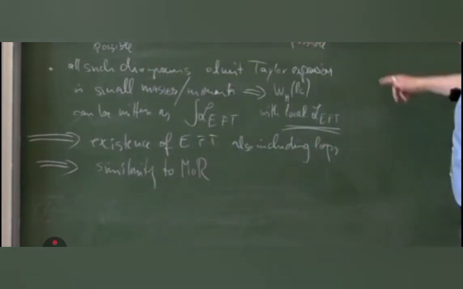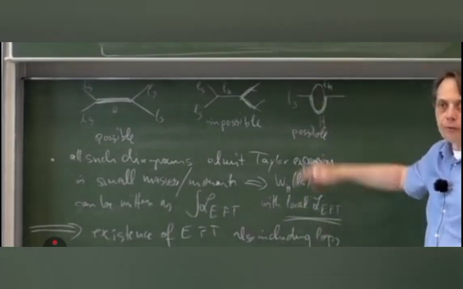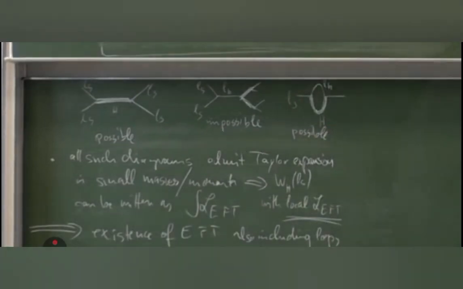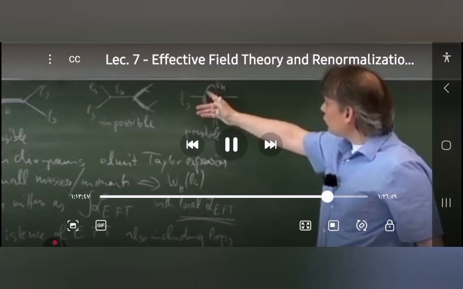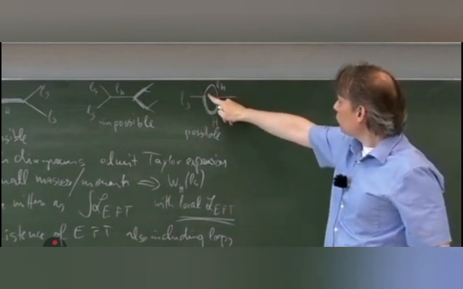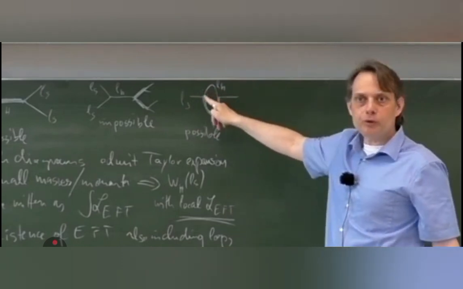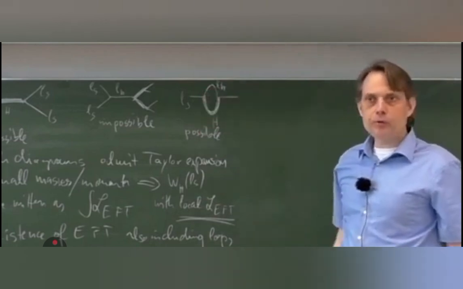Because we have split the light lines into soft light lines and heavy light lines, and in this way we obtain diagrams where the light line either carries a hard momentum or a soft momentum. In this case, for example, it carries a hard momentum, and this would correspond to one of the two integrals in the method of regions.